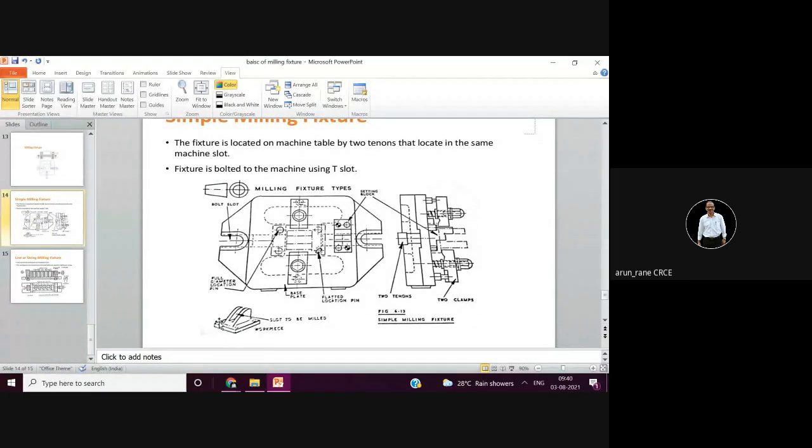You put the locating pins in these, two pins, so the component will not rotate and will get located on this fixture properly. And you have a provision for clamping, that is this. These are the clamps. This is one clamp and this is another clamp.